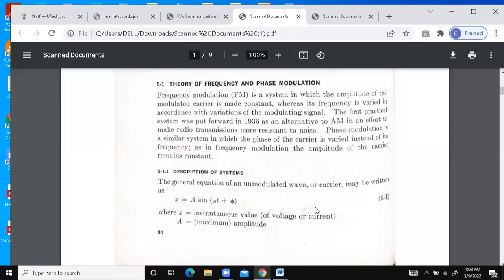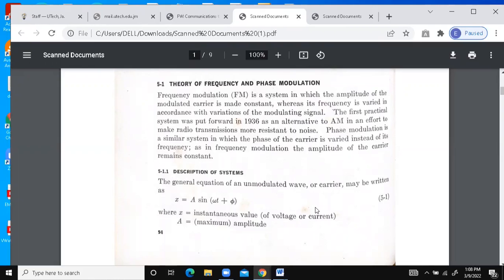The first practical system was put forward in 1936 as an alternative to AM in an effort to make radio transmissions more resistant to noise. So that's amplitude modulation or frequency modulation.